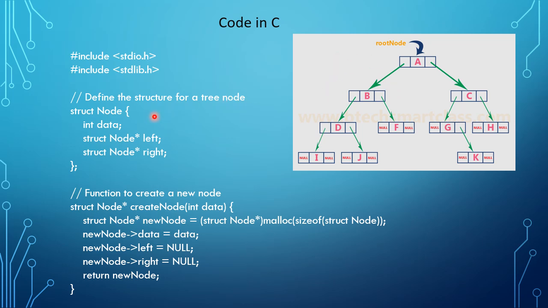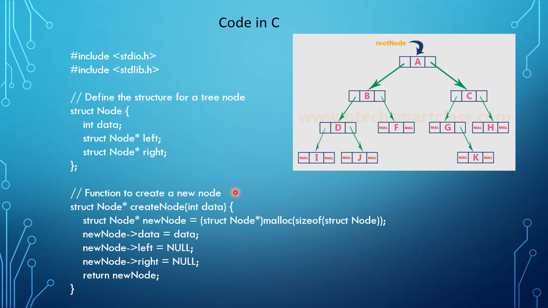So we have to declare the left partition and right partition of the node as struct node, because they store the address of nodes of the same data type. So first we are declaring a node data type. In that we store the data partition, the left partition which stores the address of the left node, and the right partition which stores the address of the right node.